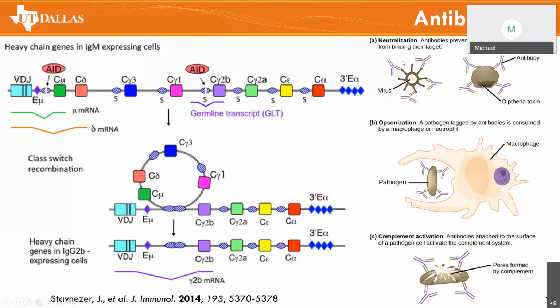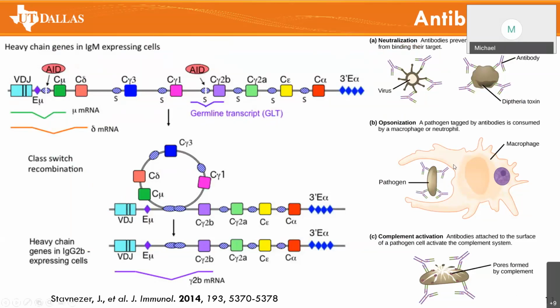Your antibodies have three different ways of interacting with foreign particles. The first is neutralization, when the antibody just binds to the pathogen, not allowing it to enter another cell, and basically excretes it out of your blood system.